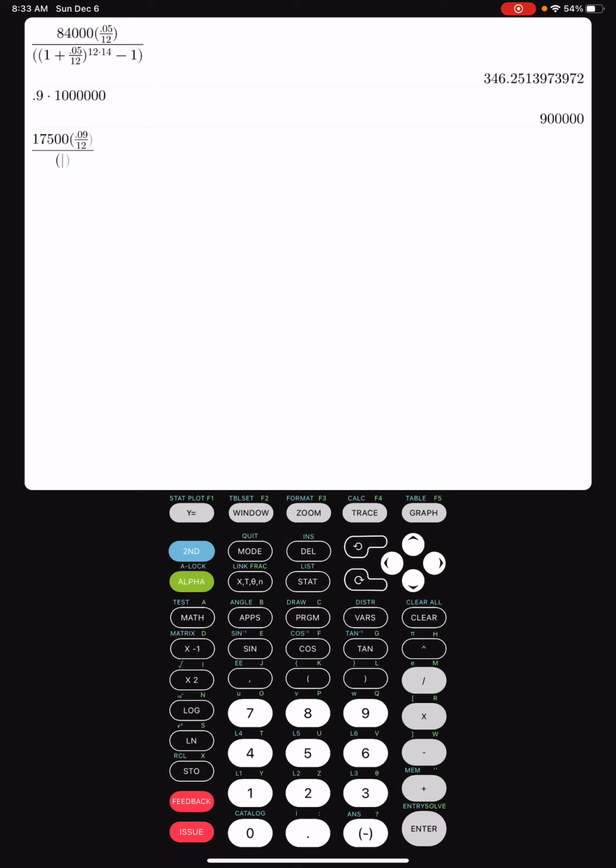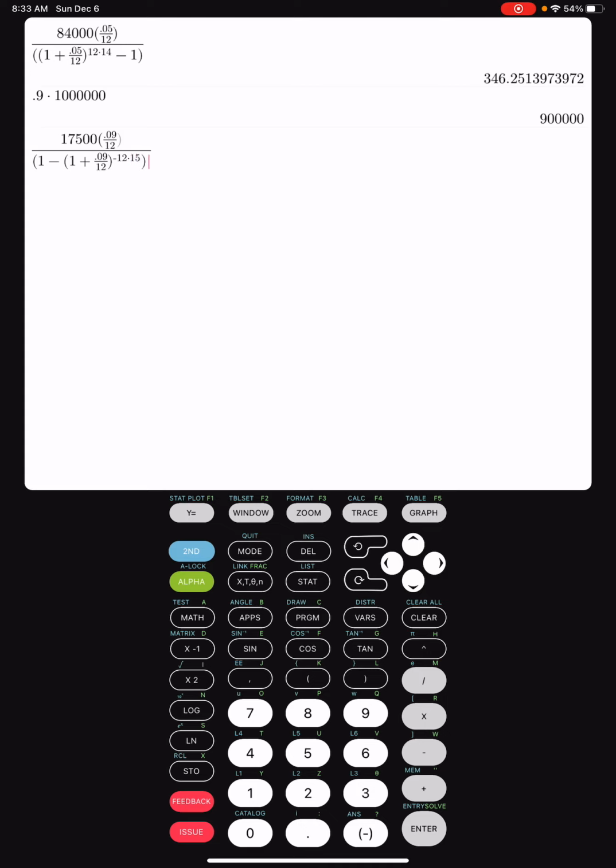And then I'm going to do parenthesis 1 minus parenthesis 1 plus my interest rate, 0.09 divided by my payments, 12. And then I'm going to raise that to the negative 12 times my number of years. And what did we say it was? 15 years, right?